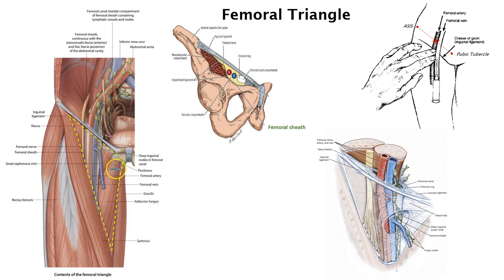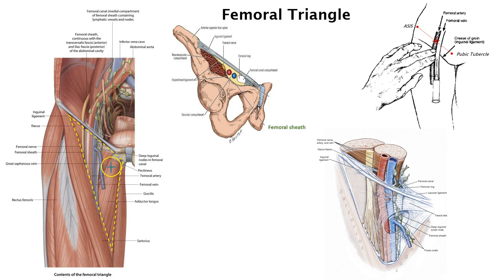This is called the adductor longus muscle, which we'll see when we look at the medial compartment of the thigh in the next video in the series. While hard to appreciate in this picture, if we turn our attention over to the picture on the right, we can appreciate that the roof of the triangle would be the fascia lata.